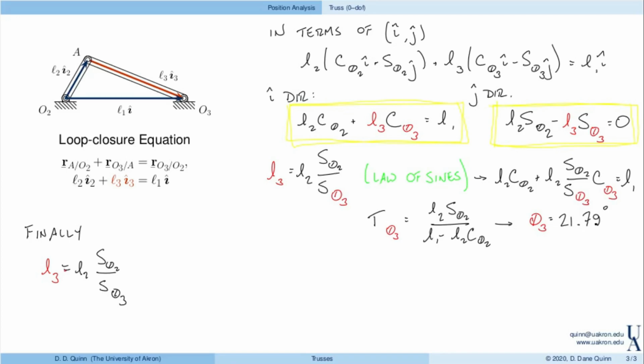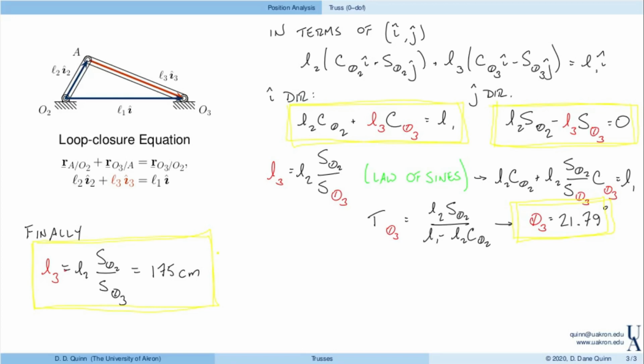Theta 3 is 21.79 degrees. Notice that we couldn't solve for L3 until we solved for theta 3. But in doing so, we find that this is 175 centimeters. So here we've solved for the third link: theta 3 is 21.79 degrees, and L3 is 175 centimeters for the given values.